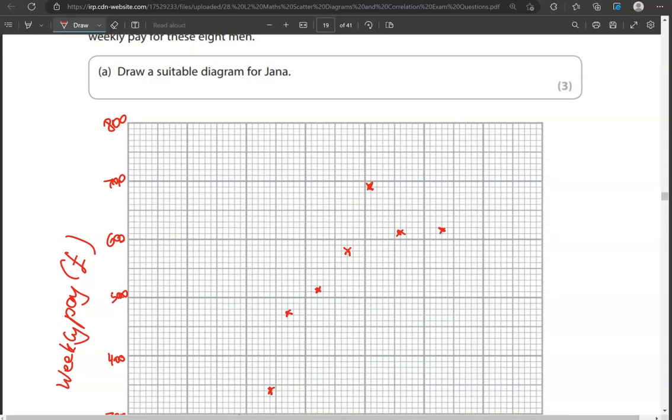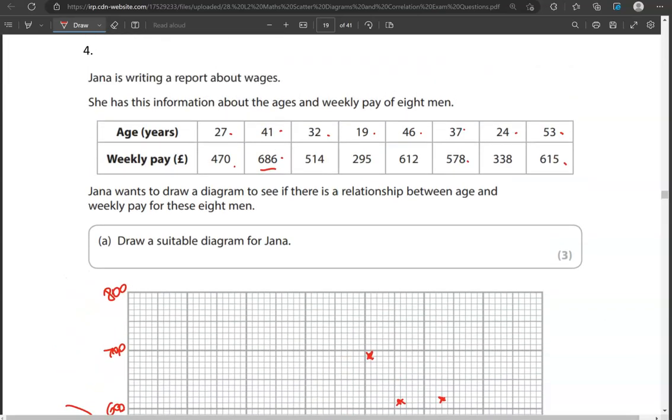So the highest pay was £686, and the lowest pay was 295.